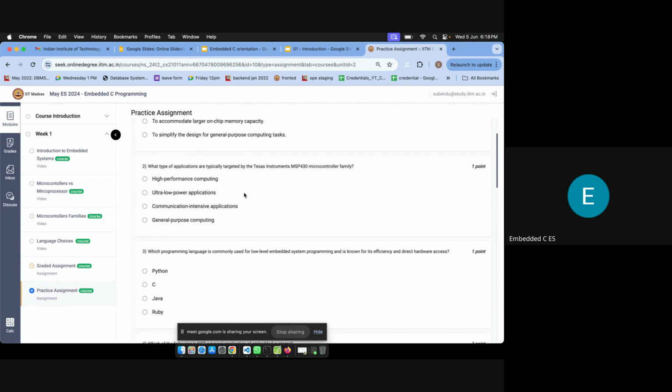The second question is: what type of application is typically targeted by the Texas Instruments MSP430 microcontroller family? The first is high performance computing, the second is ultra low power application, the third is communication intensive application, and the fourth option is general purpose computing. The MSP430 is targeted for ultra low power application.